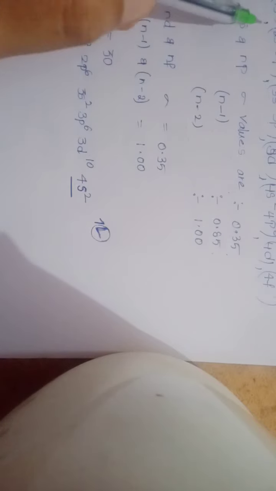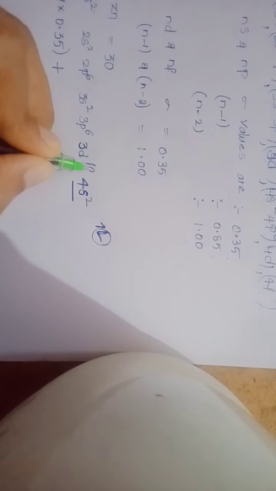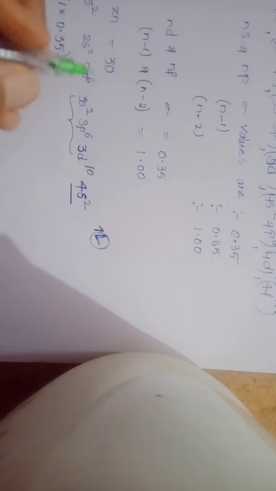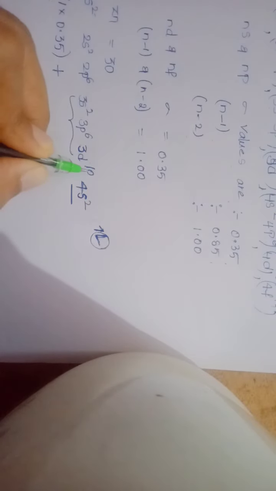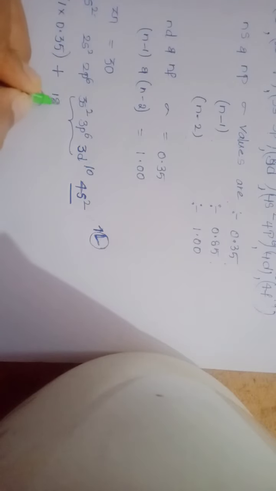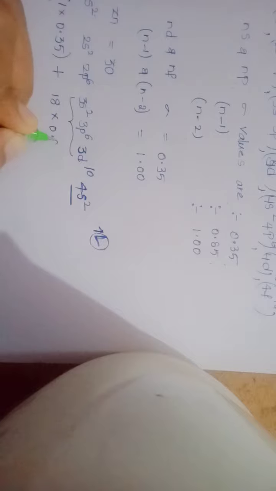For the inner electrons, 4 is the n value, and n-1 is 3, which contains 10, 6, 2 electrons, a total of 18 electrons. These 18 electrons contribute 18 into 0.85.